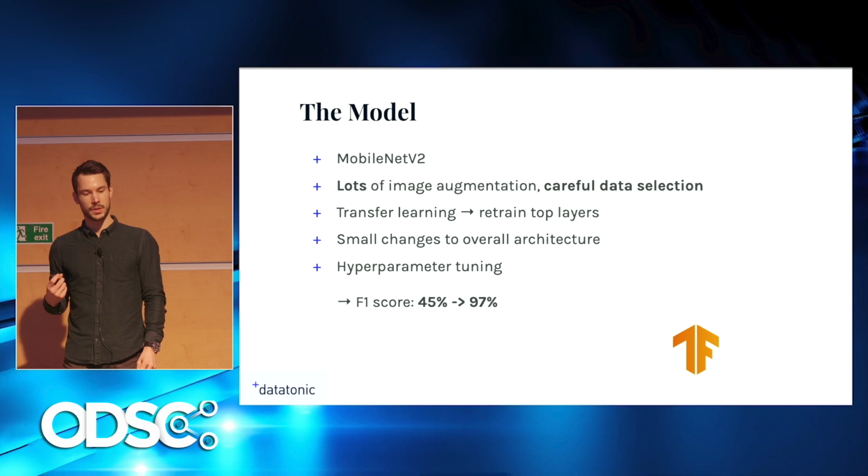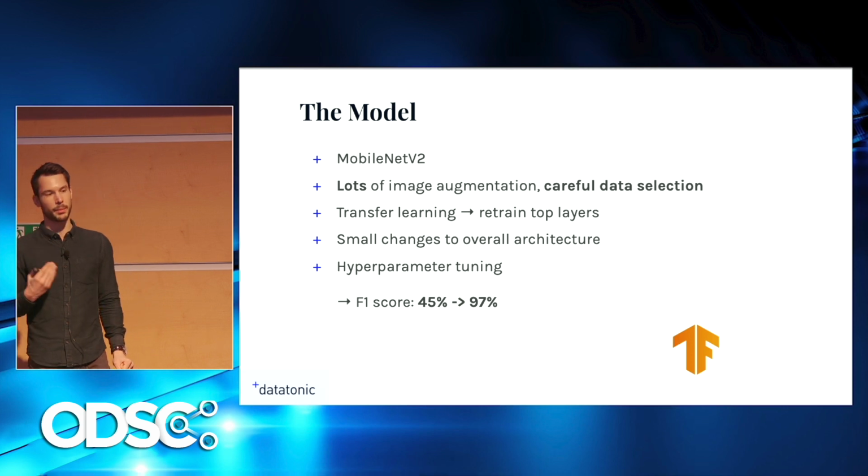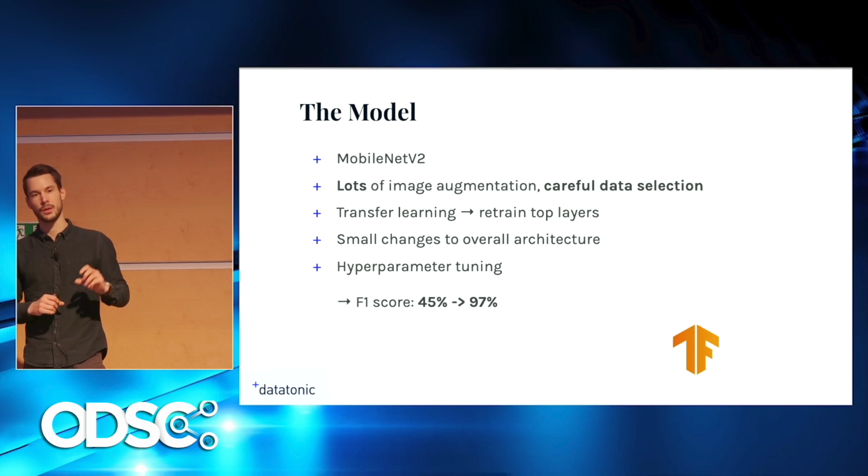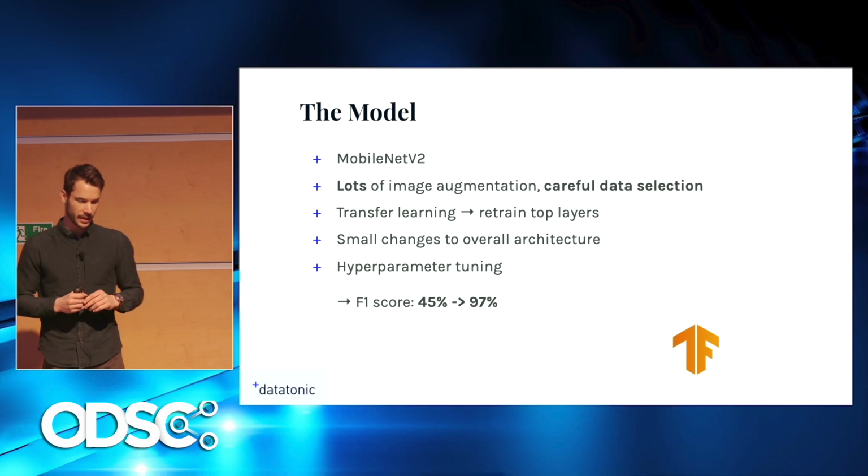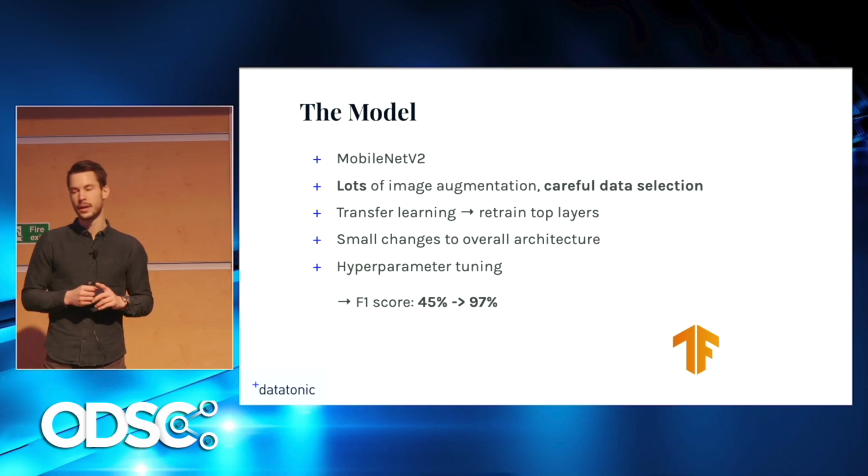What we then did was we used this MobileNet V2 architecture, which served well in early stage of this R&D, and we applied transfer learning. We used pre-trained weights on ImageNet and retrained some of the top layers. We've also changed some parts of the architecture overall. And lastly, we did extensive hyperparameter tuning.